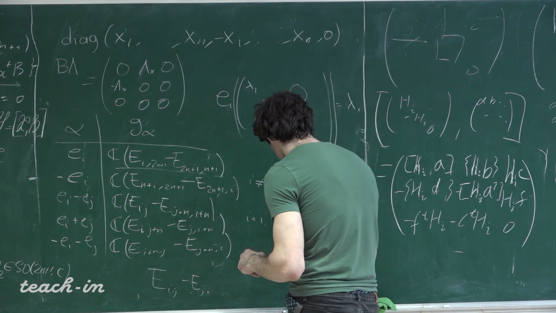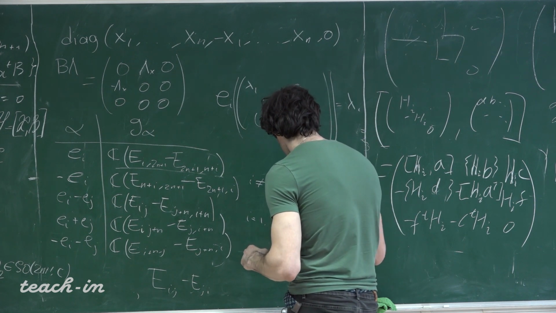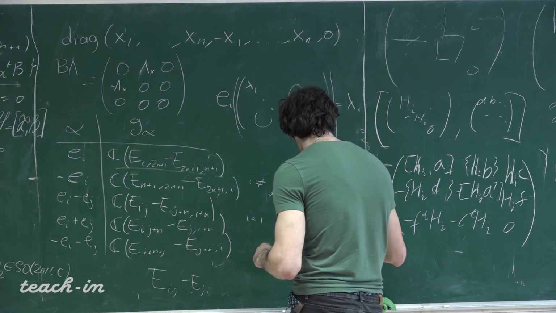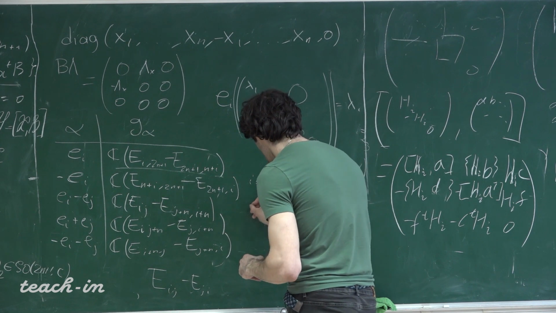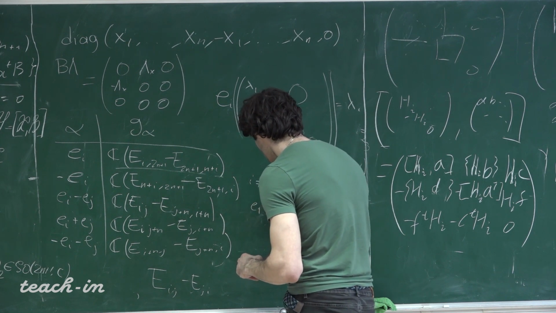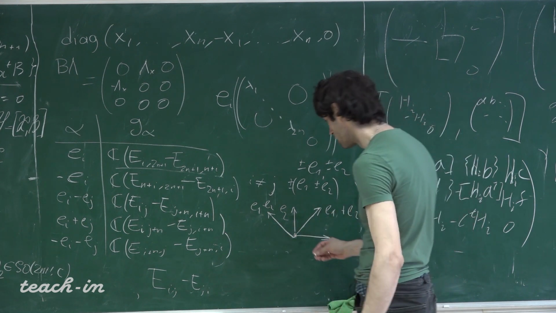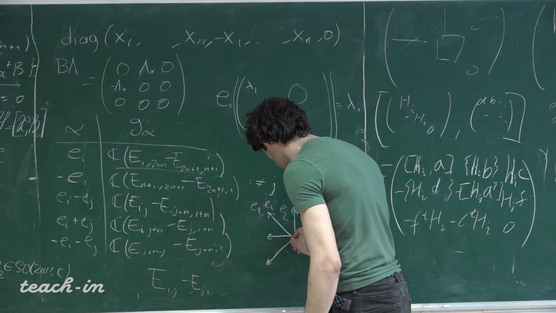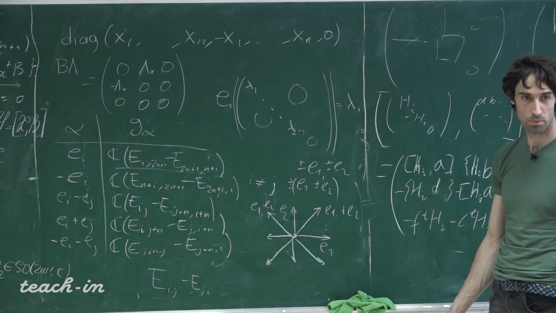This is E1, E2. Then I have E1 plus E2. And then I have E1 minus E2. So these are all positive roots. And you just add all negatives of them.